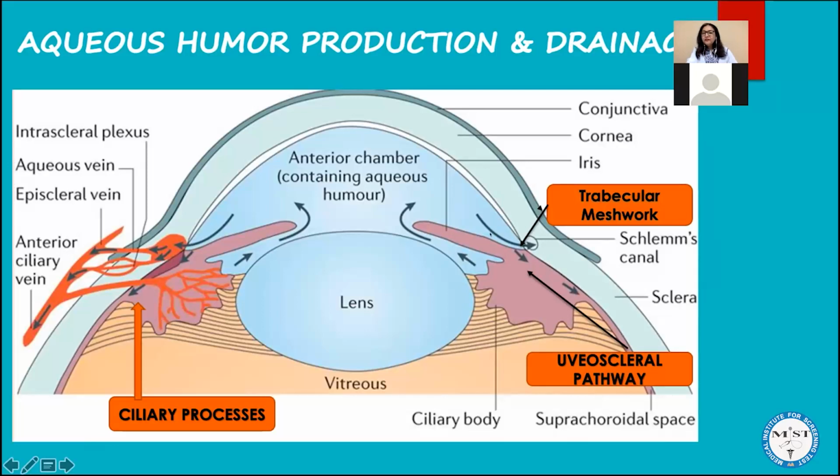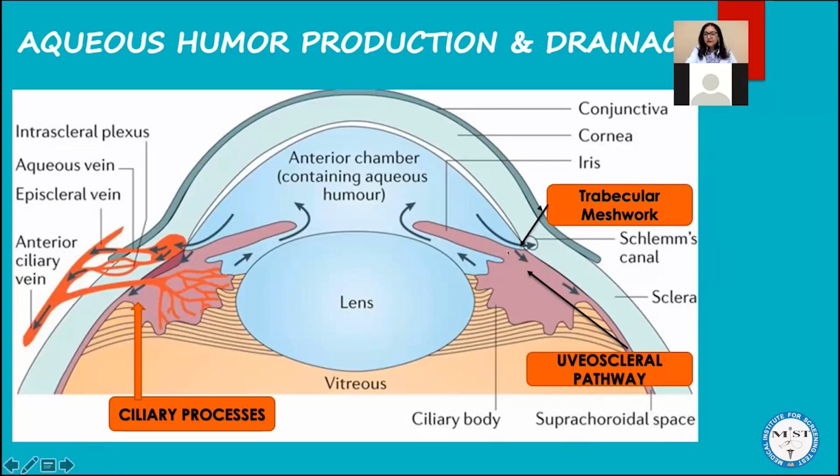The angle of the anterior chamber is between the cornea and the root of the iris. One of the structures in the angle is your trabecular meshwork. It is through the openings of the trabecular meshwork that the aqueous goes out and then ultimately drains into Schlemm's canal. This is the major outward drainage.